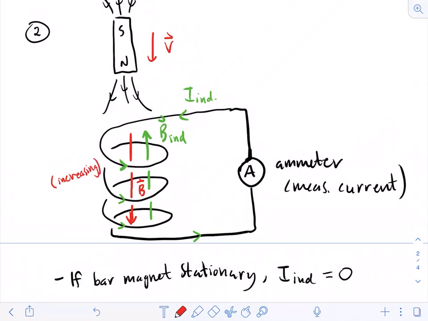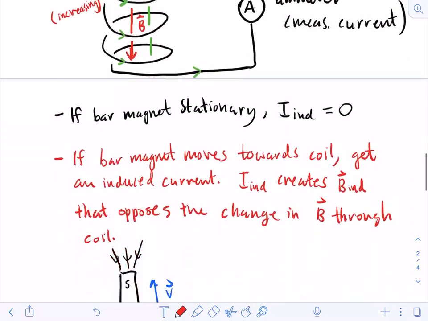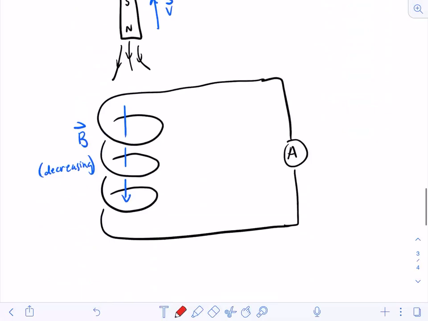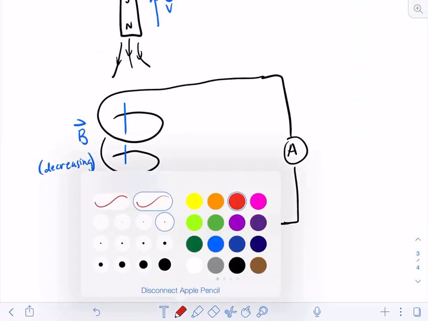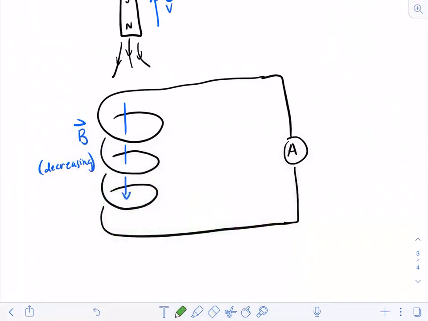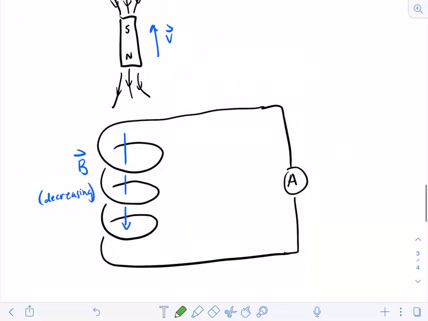That's the difference. The orientation of the fields is the same. It's just that in one case we have a decreasing magnetic field, and in the other case we've got an increasing magnetic field. So here we have the decreasing case. And so when we decrease the magnetic field strength in our coil, we're going to get an induced magnetic field that opposes that change.